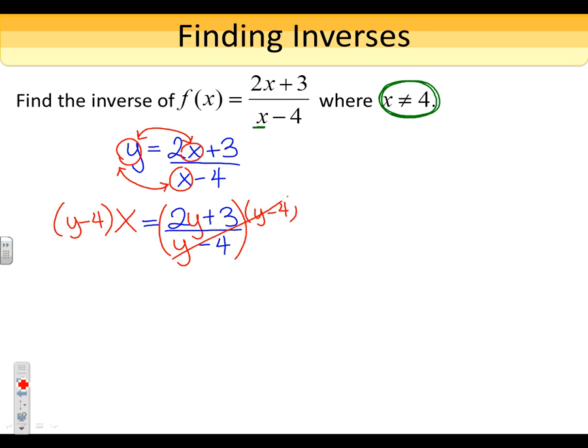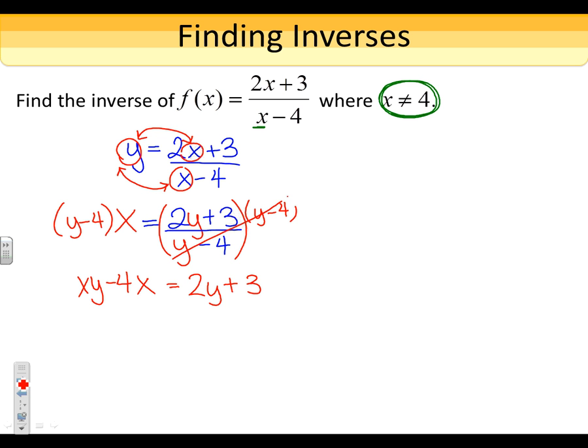So these cancel out, and I get x times y minus 4 is equal to 2y plus 3. Okay, trying to get y by itself. Let's go ahead and distribute this. So xy minus 4x is equal to 2y plus 3.